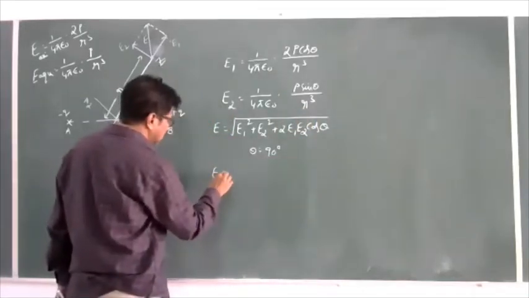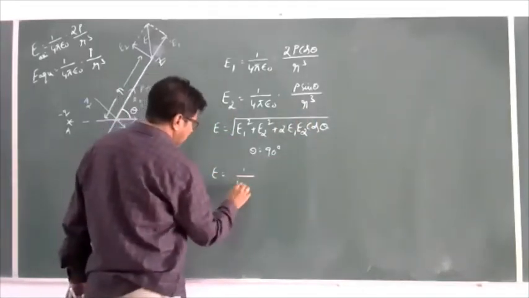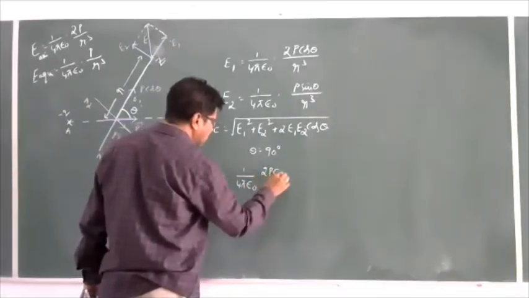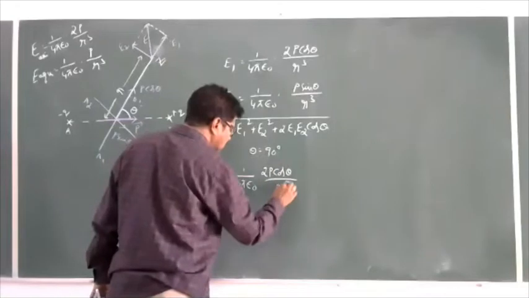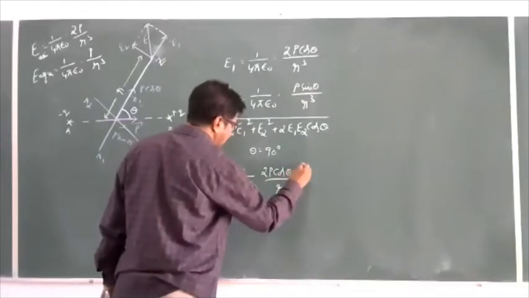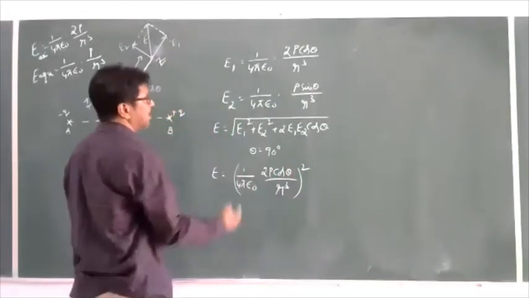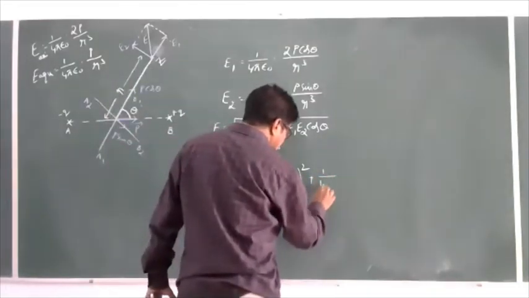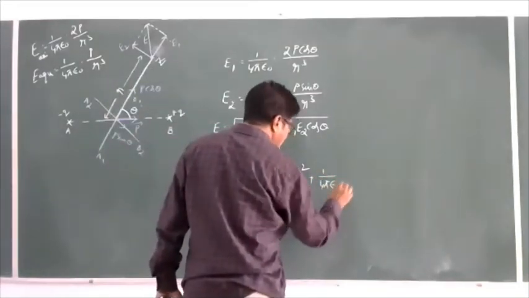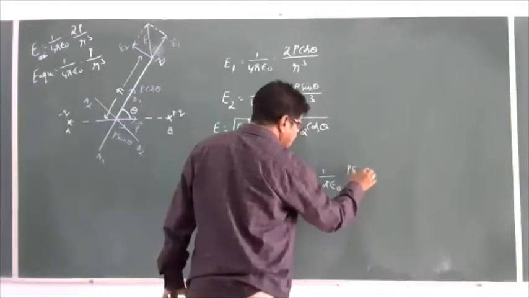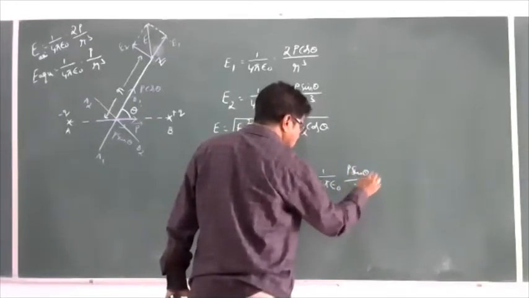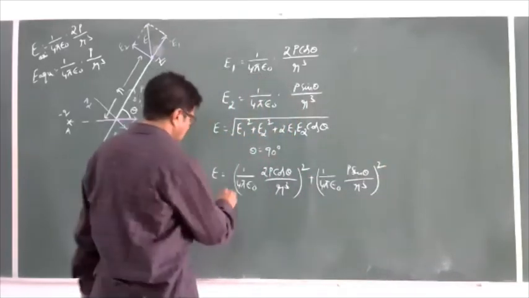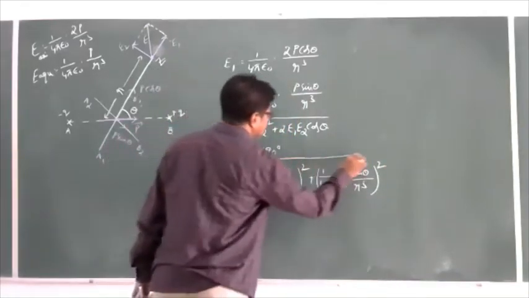E is equal to the square root of (1 by 4 pi epsilon naught, 2p cos theta by r cube) whole square, after substituting, plus (1 by 4 pi epsilon naught, p sin theta by r cube) whole square, under root.